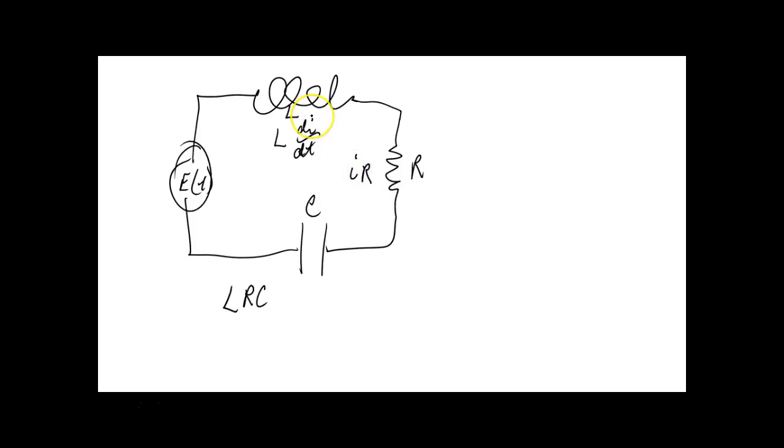I is current. The voltage drop across a capacitor is 1 over C times Q. Okay, but what is Q? Q is charge. Okay, but how does that relate to current?